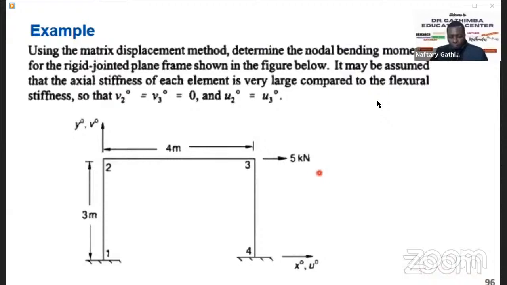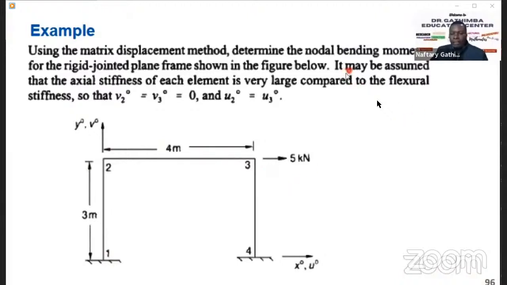All right. Now, looking at this, it's a simple frame, and you're given the length and the dimensions, and the load is applied at node 3. And then you are required to determine the nodal bending moment. Okay, the bending moment at the node.